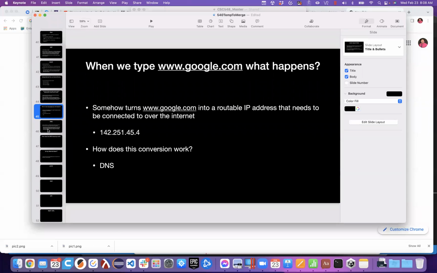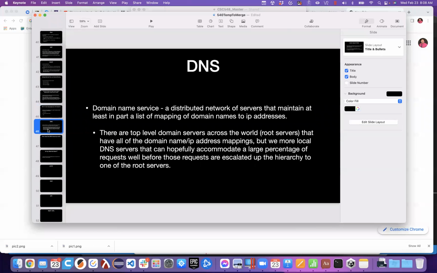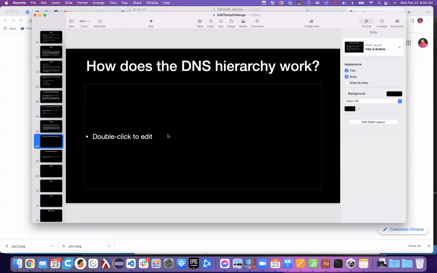Now, this is a hierarchical approach. So typically, for instance, if we use Concordia as an example, when I type in www.google.com, I'm currently connected to Concordia's network. So Concordia is going to run its own DNS servers. And the DNS servers at Concordia are going to hold a collection of internet addresses that are commonly visited here on campus.